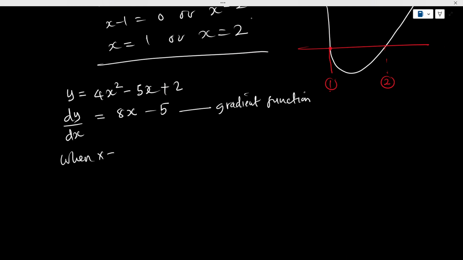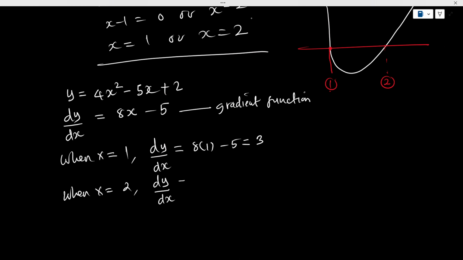Now we're going to say when x equals 1, what is dy/dx? We're just going to plug in 1 here, and the answer is going to be 3. And when x equals 2, what is dy/dx? We are going to plug in a 2 here again.